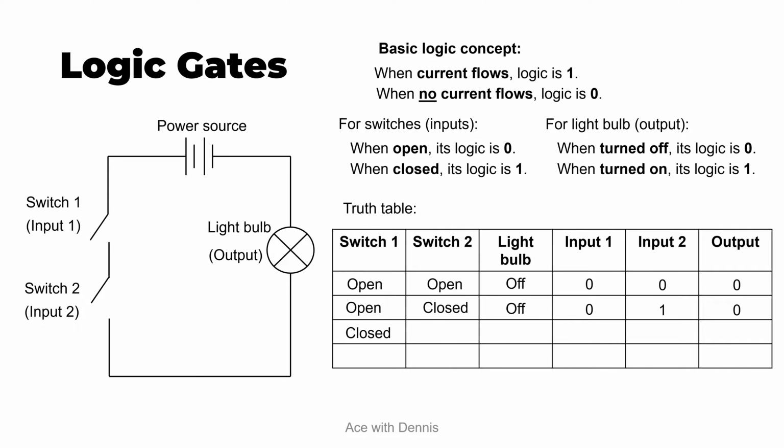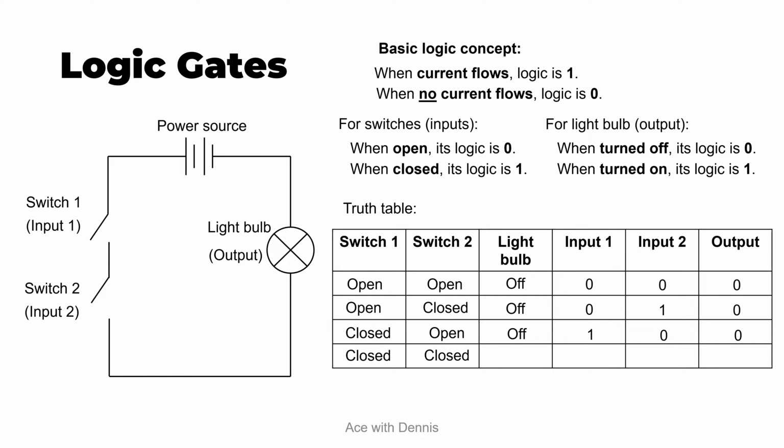The third scenario is the switch 1 is closed and the switch 2 is open, which means input 1 is 1 and input 2 is 0. The light bulb will still turn off as there is no current flowing through the circuit. Hence, the output is 0. The last scenario will be both switch 1 and switch 2 are closed, which means that input 1 and input 2 will be 1.